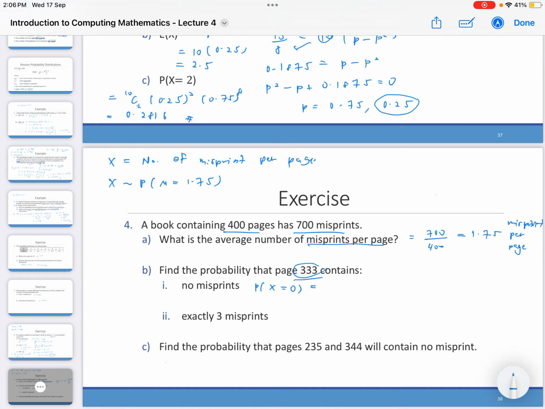For this one we use the formula for Poisson: e to the power of negative 1.75, times 1.75 to the power of 0, divided by 0 factorial. So the answer here is 0.1738.